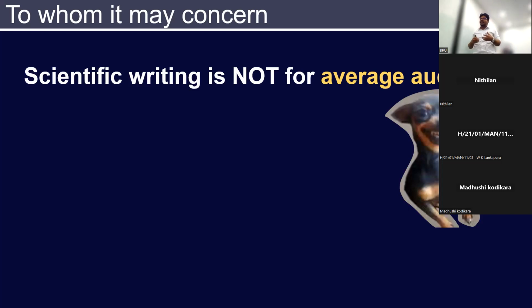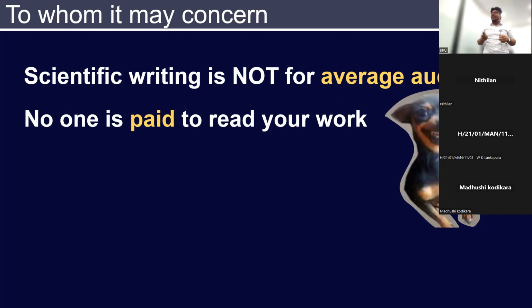An average audience has very little idea about the scientific reasoning, why science is needed, and what sort of causes and causalities are discussed in science, and the methodologies and the whole pedagogy. If they don't have the pedagogy of science, we call them average audience. But we have to communicate science to the mass audience in a different way. And this particular discussion today is not about mass communication of science. It's actually about communicating science to your peers in terms of scientific writing.